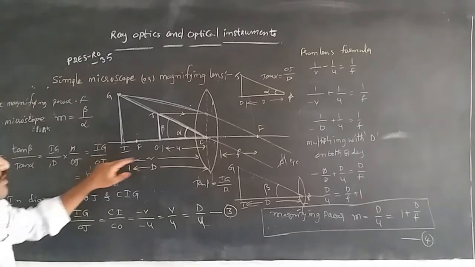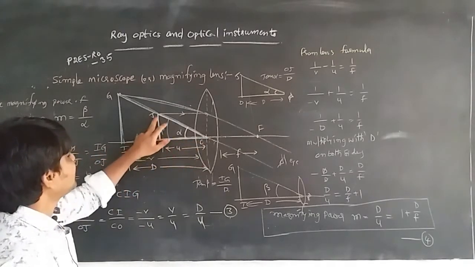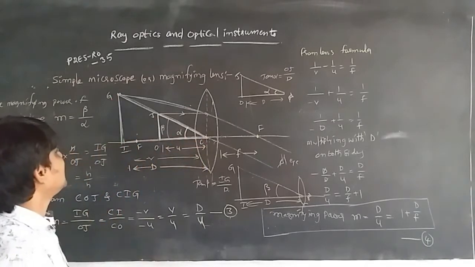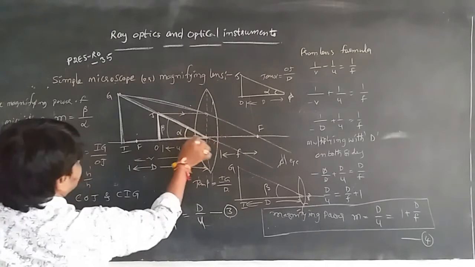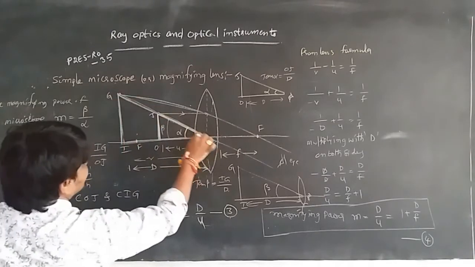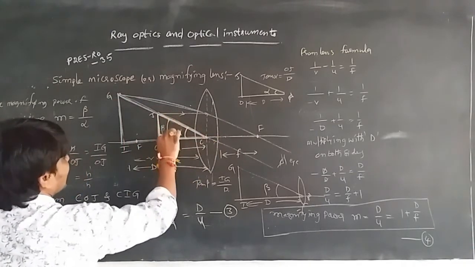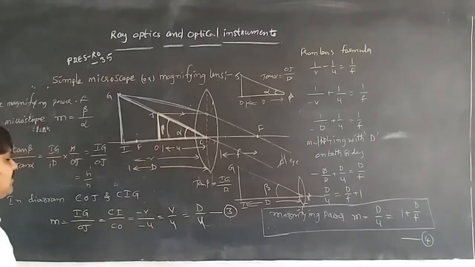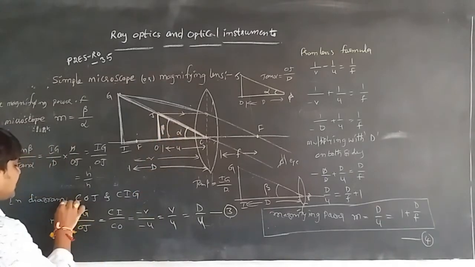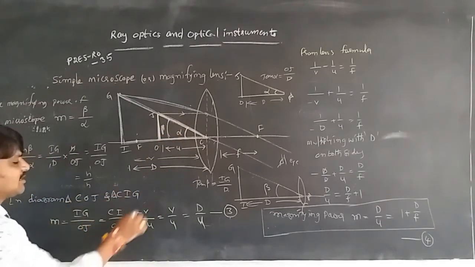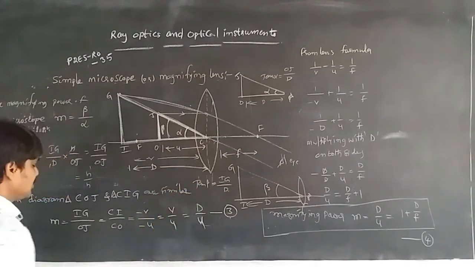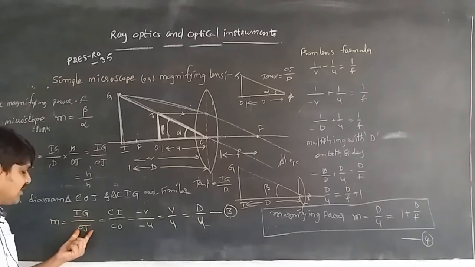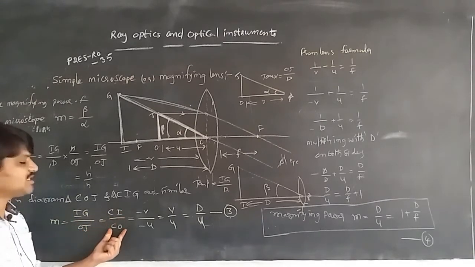But triangles COJ and CIG are similar triangles, with the angles subtended alpha and beta. So m is equal to IG by OJ, which is equal to CI by CO.